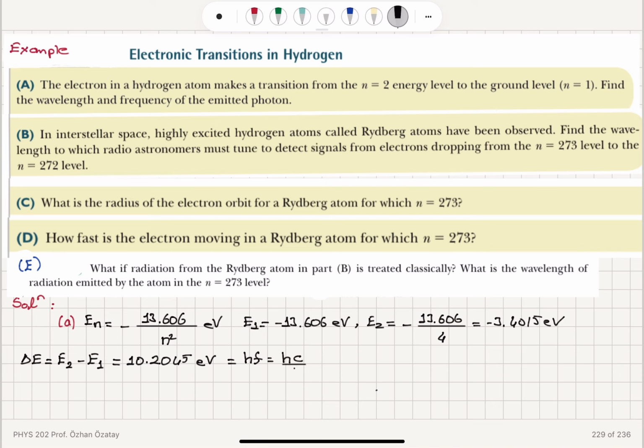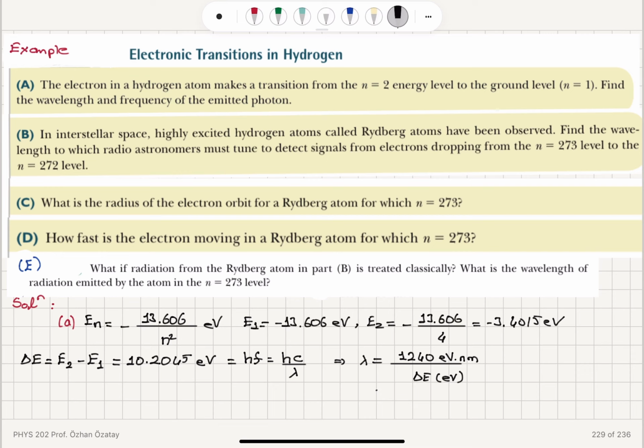hf, or h times the speed of light divided by its wavelength, hc over lambda. Now this formulation, when we have a delta E in electron volts, gives us for the wavelength, if we substitute the Planck's constant and the speed of light, one can show that this becomes 1240 electron volt nanometers divided by the delta E expressed in electron volts.